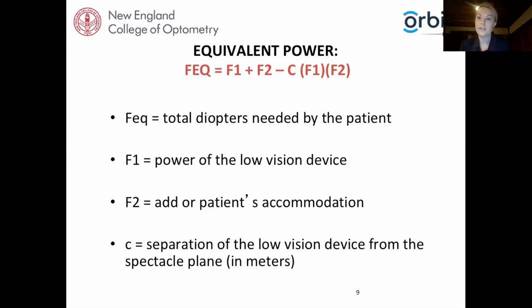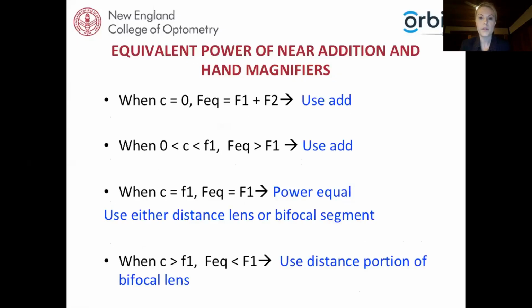So in this case, the power of our near addition and the power of our hand magnifier. And C is the separation in meters between those 2 lens planes.